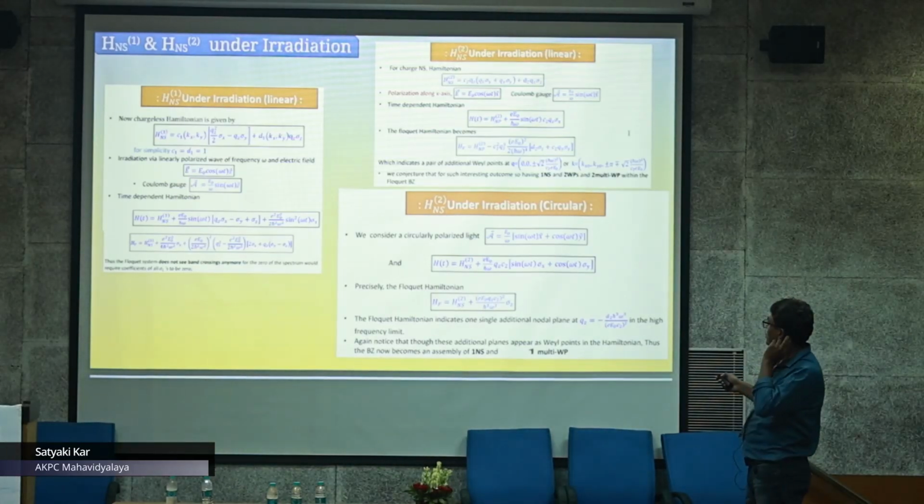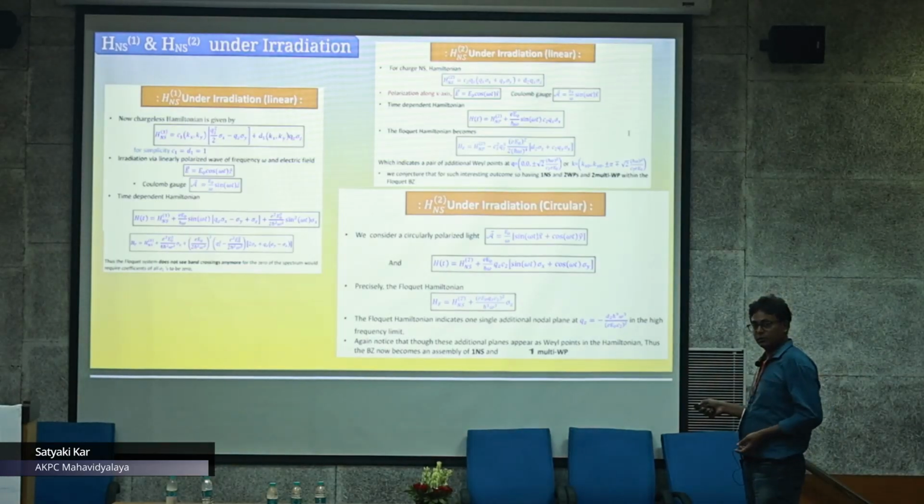Apart from whatever we had already, actually this is a nodal line, this was my student's poster, so I just forgot to change that. Here we can have one nodal surface as well as one nodal line, and in this case for circular polarization we can have one multi-Y point other than the nodal surface.